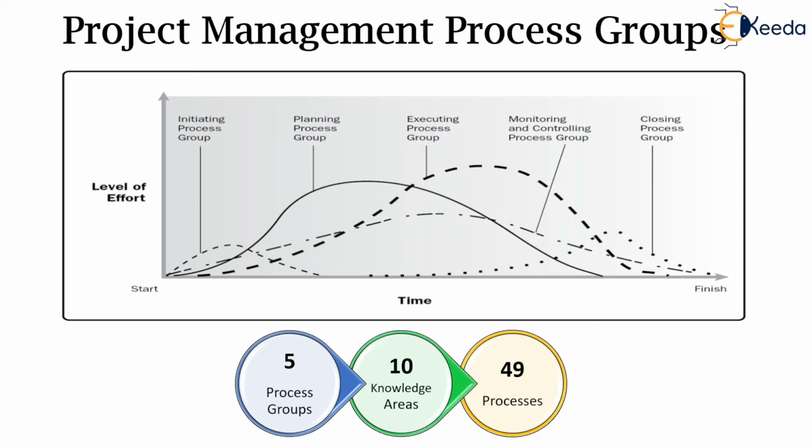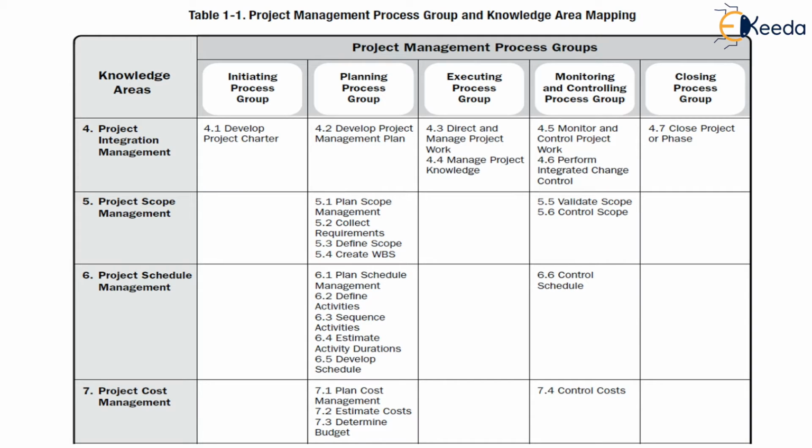Let us understand what these 49 processes are. The project management process group and knowledge area mapping chart shows each of the processes mapped within the process groups with respect to the knowledge area they are related to.